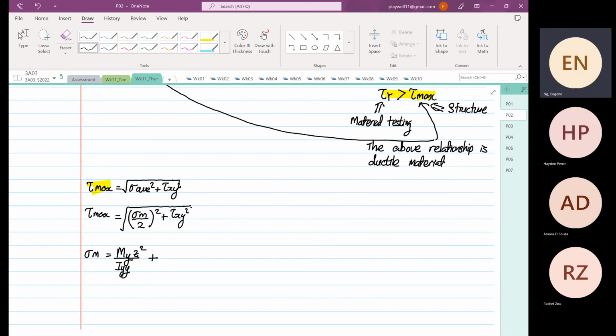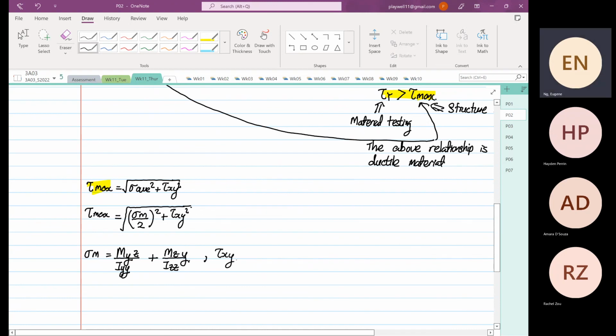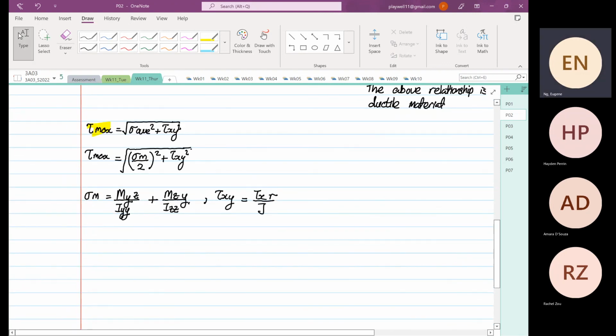I'm going to add them because later on when we square them, it does not really matter. So this is Mz y over Izz. And then the shear xy is equal to Tx, the torque in the x-axis, times radius over J. There's no Jx or Jy over here because it's a shaft. J is the second polar moment of area.